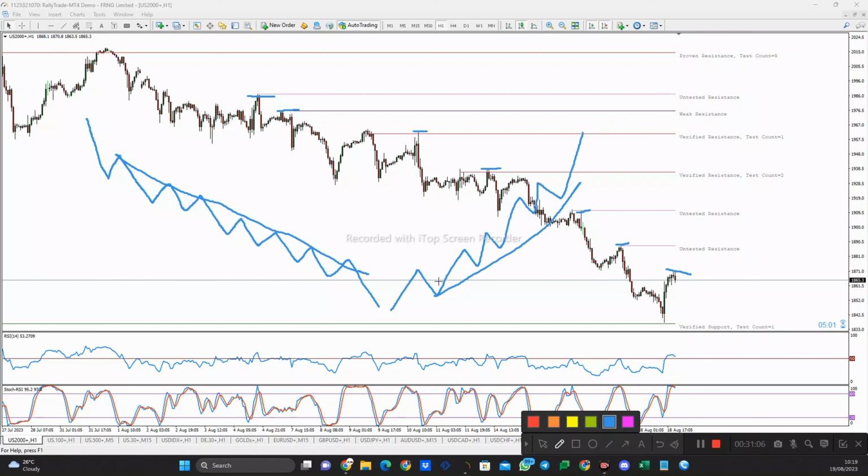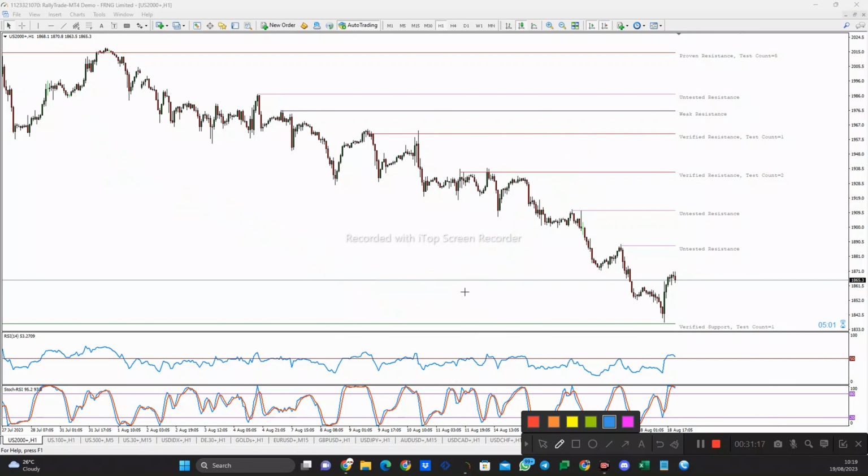The trend line does not have to go through all the lows or all the highs. No, it does not have to do that. Knowing how to draw these trend lines is very, very important.